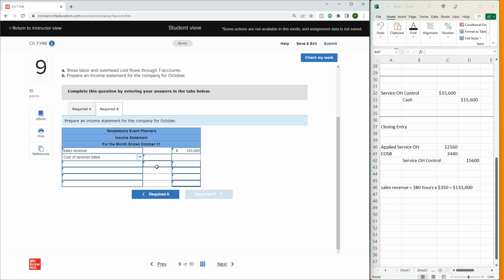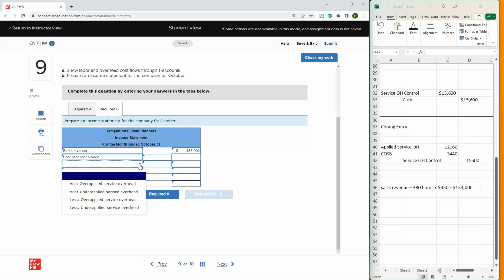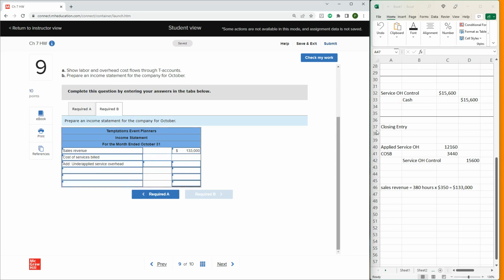So our cost of services billed was $65,360, and then we're going to add the under applied amount of $3,440. So $65,360 plus $3,440 gives us $68,800. So our gross margin is $133,000 minus $68,800, and that gives us $64,200.